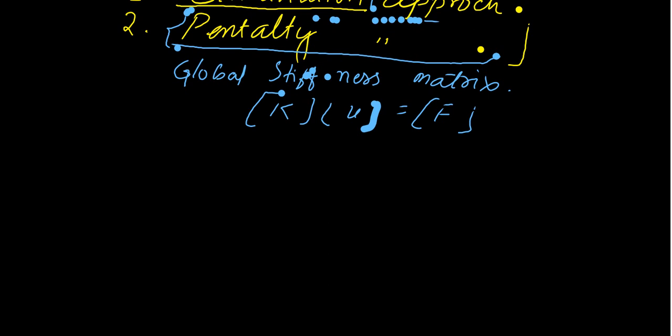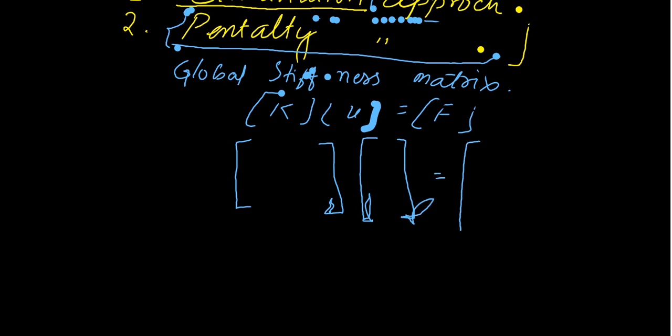Here there will be a K matrix of two by two, a displacement vector, and a force vector.